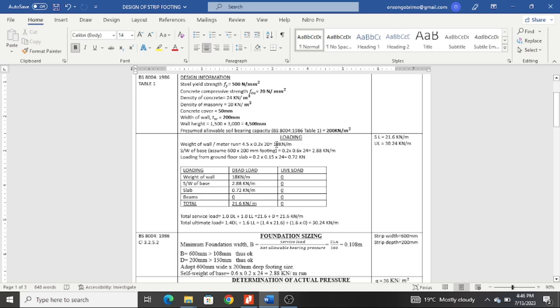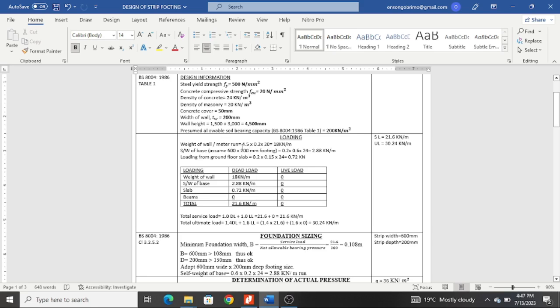After determining all that, you do the self weight of the base. Now you cannot do the self weight of the base without assuming a size, and this you can do perfectly when you have experience in sizing. So here we will just do a preliminary provision, and from what we have studied, the depth must be greater than 150 because we know our strip is going to be reinforced.